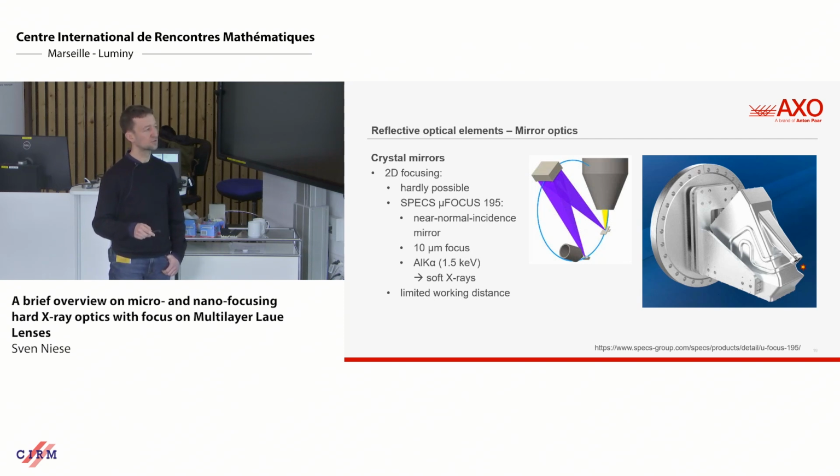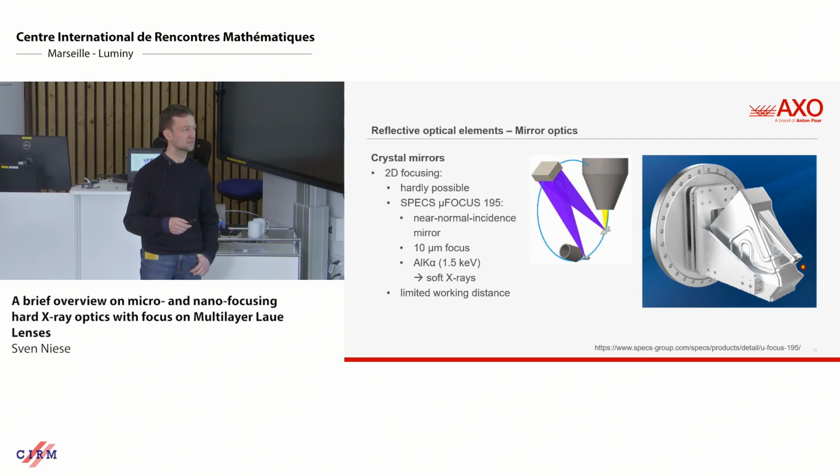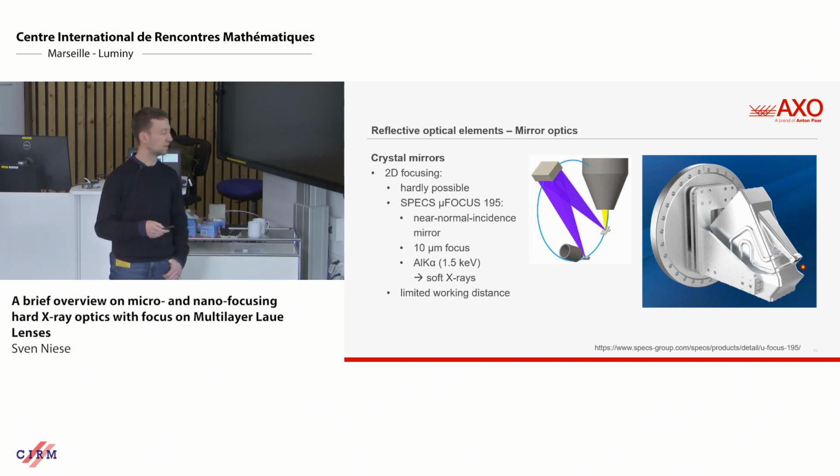Nevertheless, the source is here, it's reflected there and focused here to a narrow beam. But you are then limited to the angles that you have. And this also means that you only have a short working distance, and probably the source or whatever is in the way.